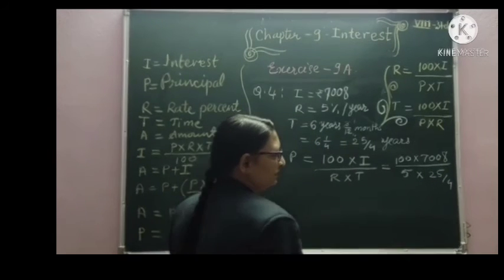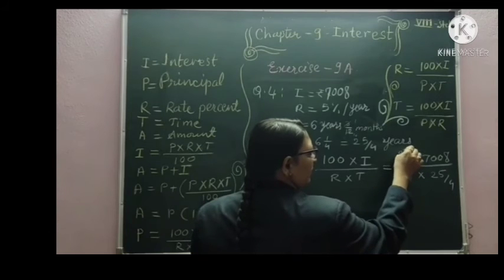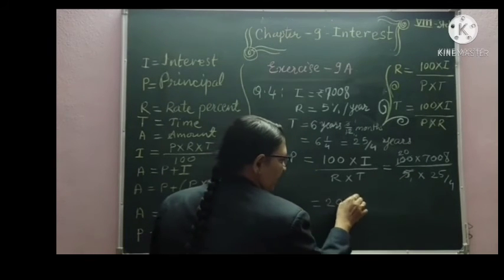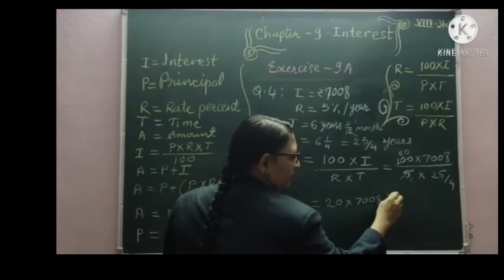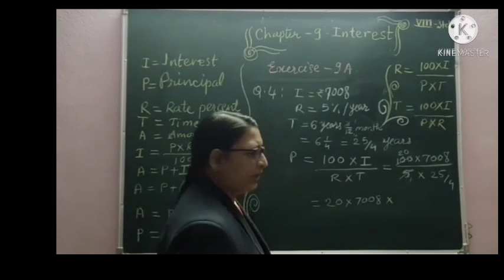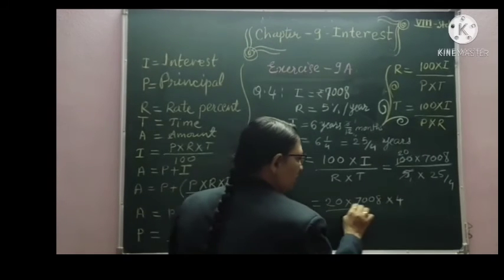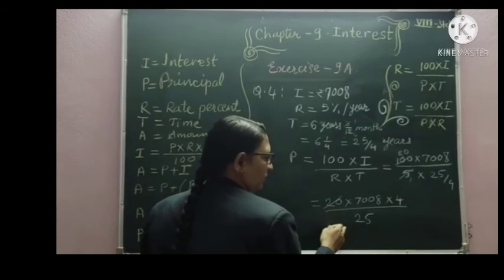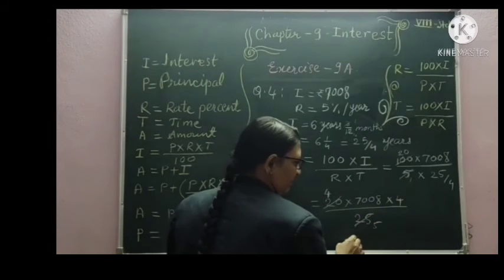The next step, 5 ones are 5, 5 twos are 10, so 20 multiplied by 7800, this 4 will get converted into the numerator, so multiplied by 4 upon 25. Here 5 fours are 20, 5 fives are 25.